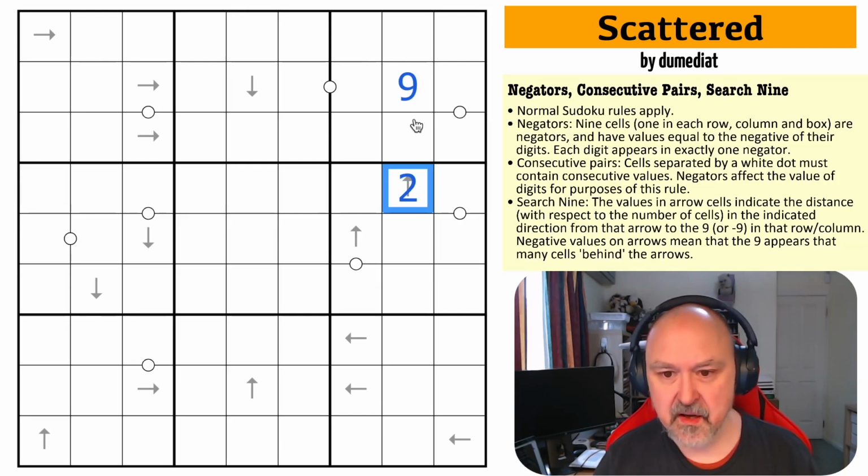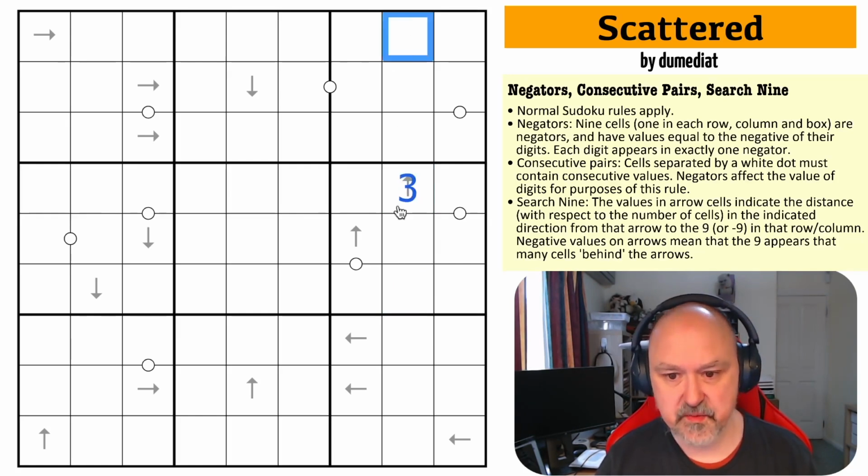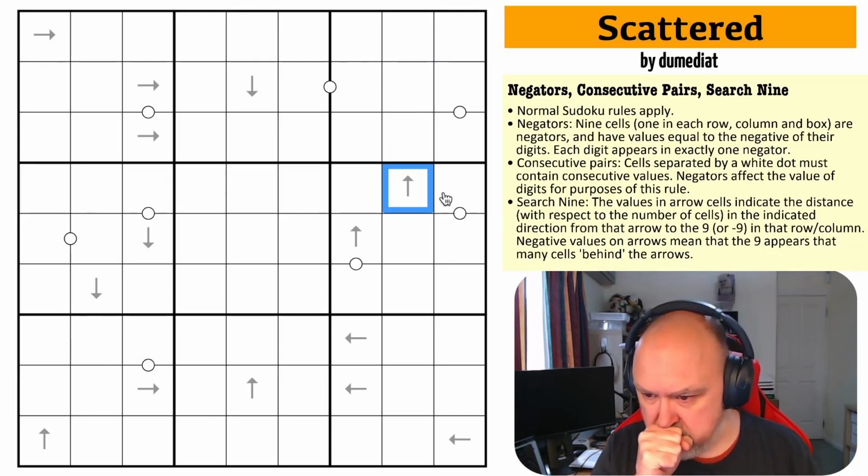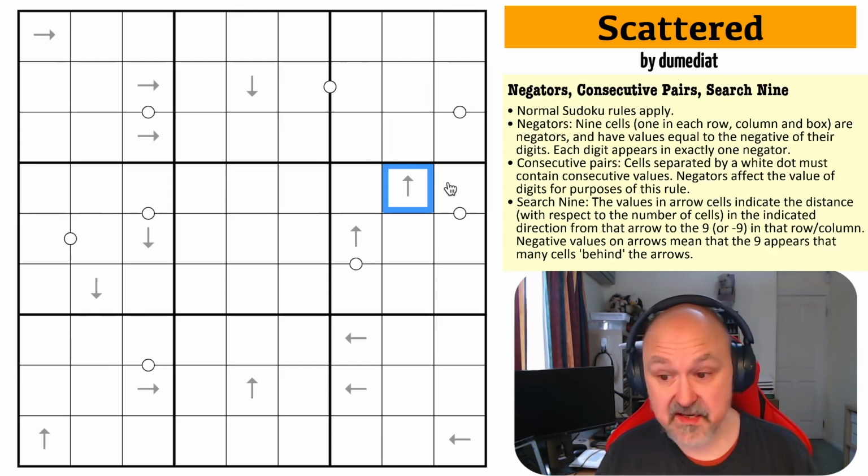If this was a negated 2, so say this was a negator cell with a 2, then this would be the 9, because this would be 2 cells behind the cell. Similarly, if this was a 3, or if this was not a negator cell and a 3, this would be the 9. So it's basically saying where the 9 is going to be. That's really cool.